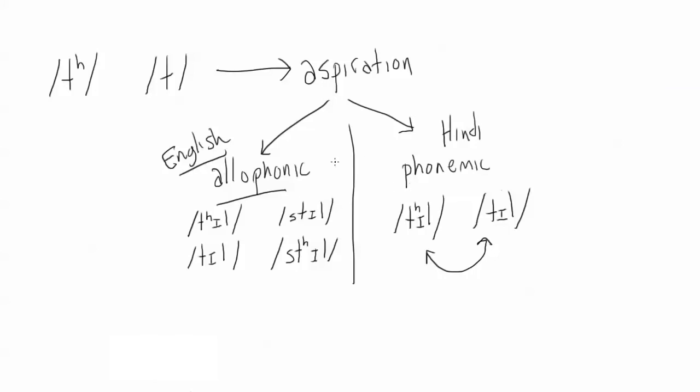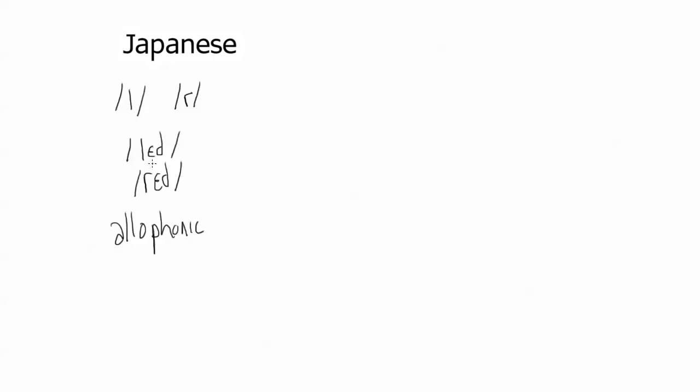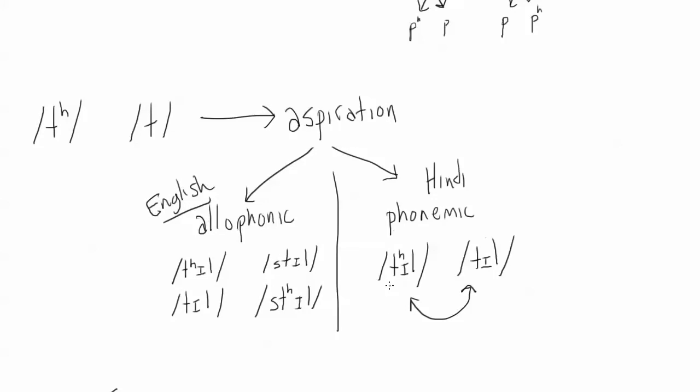There are plenty of languages where that's not the case, where aspiration is phonemic. It makes the difference between two words. Well, in Japanese, the L and R difference is allophonic. And that's why sometimes Japanese speakers might have a hard time hearing that difference. So imagine speaking Hindi as an English speaker, where you might have a difficult time hearing the difference between the aspirated consonant and the unaspirated consonant because you're not a trained listener, you don't have much experience doing it.